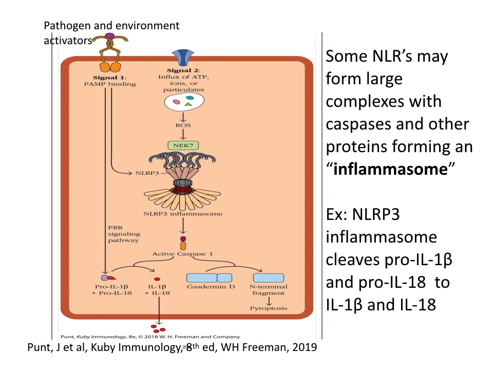Now, NOD-like receptors, for example, are able to form what we call inflammasomes. These are large molecular complexes that are formed with pro-caspases and other proteins. An example is the NLRP3 inflammasome.